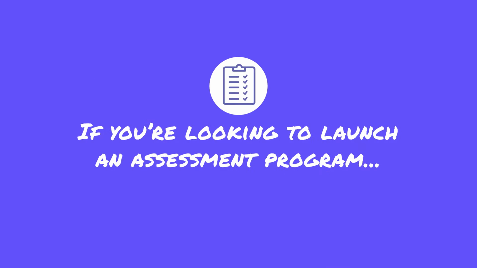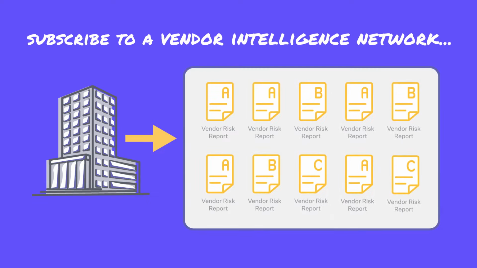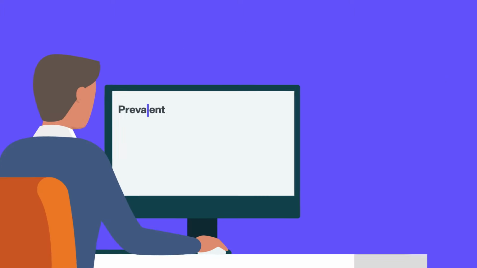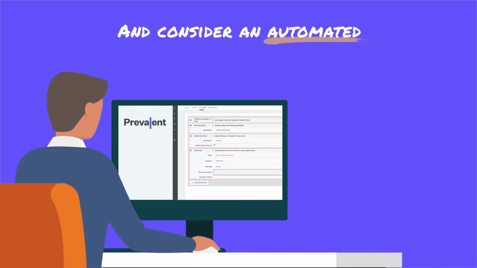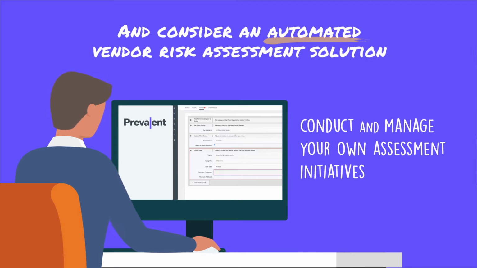If you're looking to launch an assessment program, a great place to start is by subscribing to a vendor intelligence network, which offers access to a library of vendor risk reports based on standardized assessment data. Then, for increased customization and control, consider an automated vendor risk assessment solution that enables you to conduct and manage your own assessment initiatives.